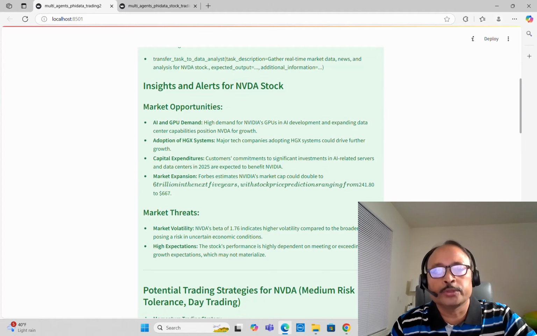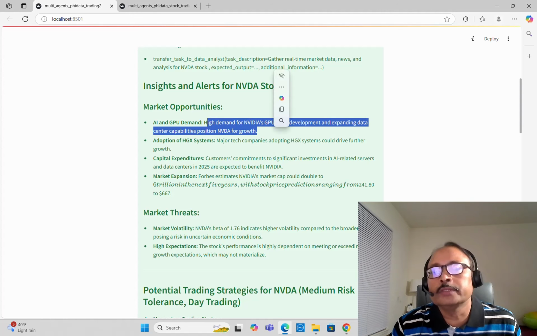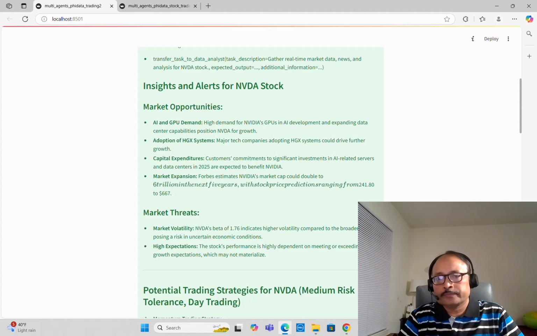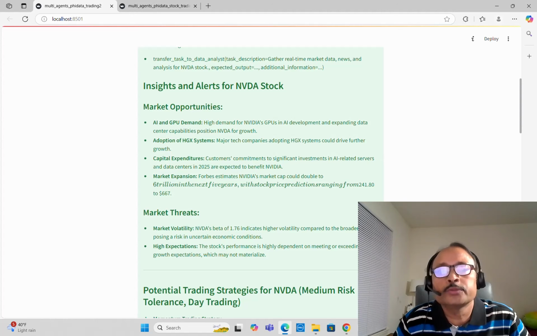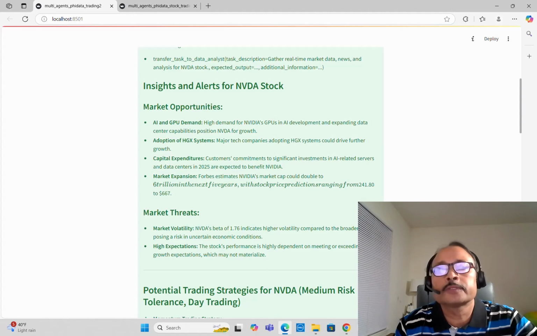First, market opportunities: AI and GPU demand. High demand for NVIDIA's GPUs in AI development and expanding data center capabilities position NVIDIA for growth. As we know, there is a high demand for NVIDIA's GPUs, especially in the advancement of AI and expanding data center capabilities.